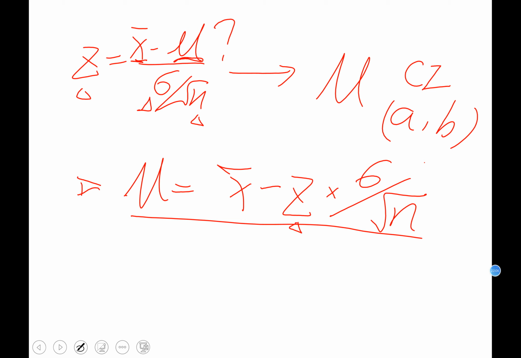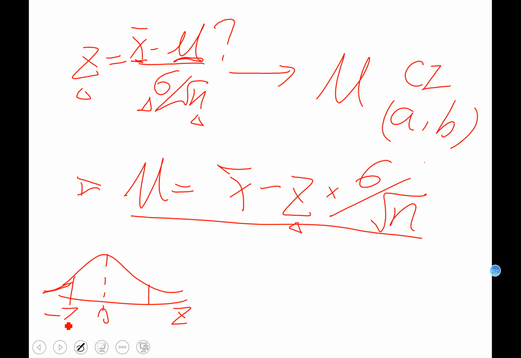Here, Z. This number is what we can get from the appendix table A1. But the normal distribution curve is symmetric. So that means the curve is symmetric about Z equals 0.